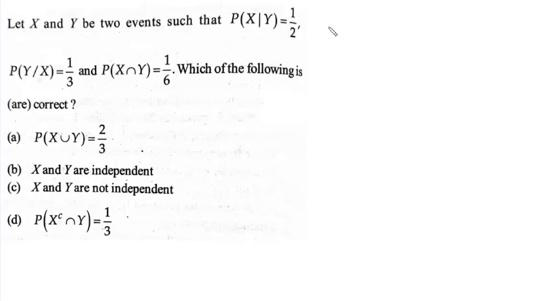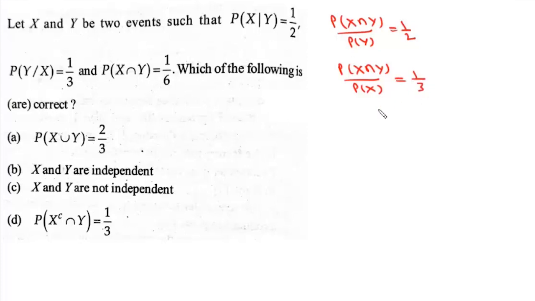Now here we are given that P(X given Y) is 1 upon 2. So probability of X intersection Y upon probability of Y is 1 by 2. Probability of Y given X, which is probability of X intersection Y upon probability of X, is 1 by 3, and probability of X intersection Y is 1 by 6. Now using these three, we can calculate P(X) and P(Y).